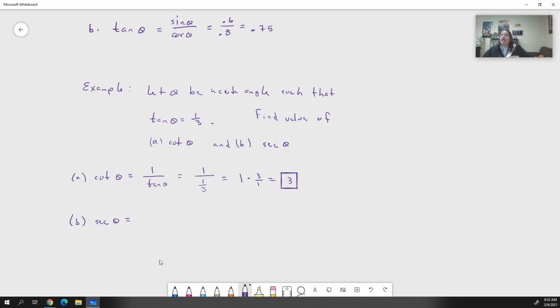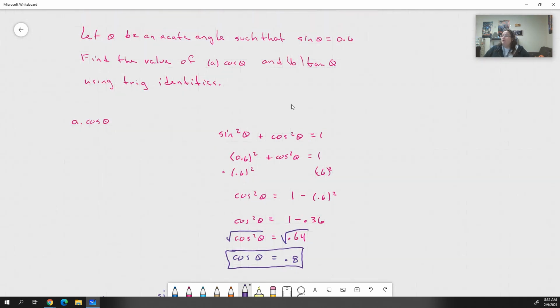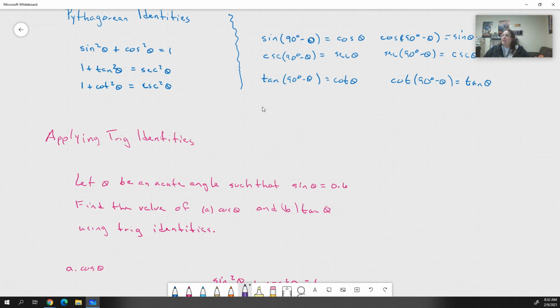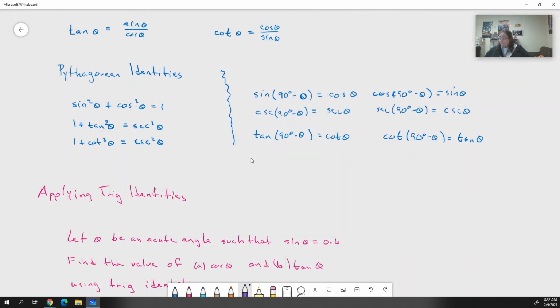This is why I tell you it helps to have all of these written down so that you can just look at them when you're doing it. I have secant, and I have tangent and cotangent.